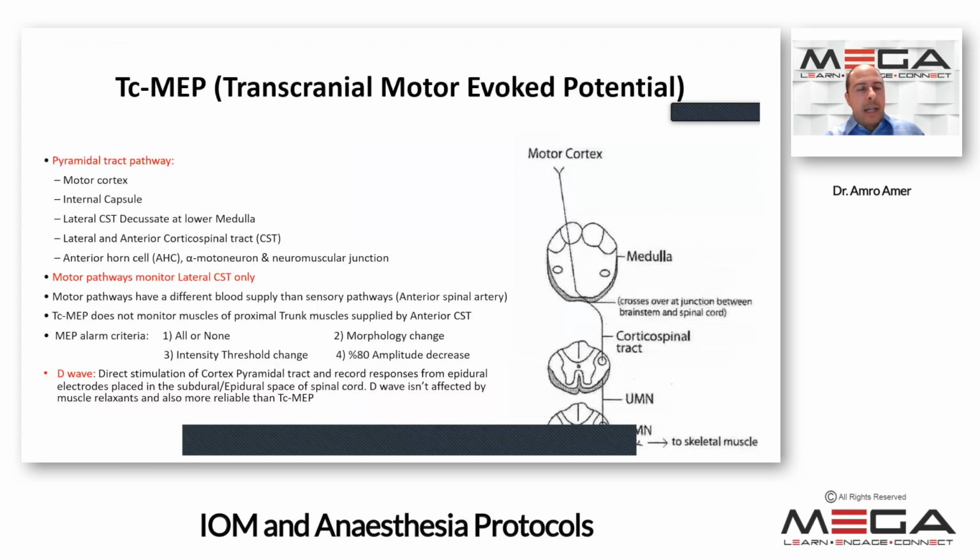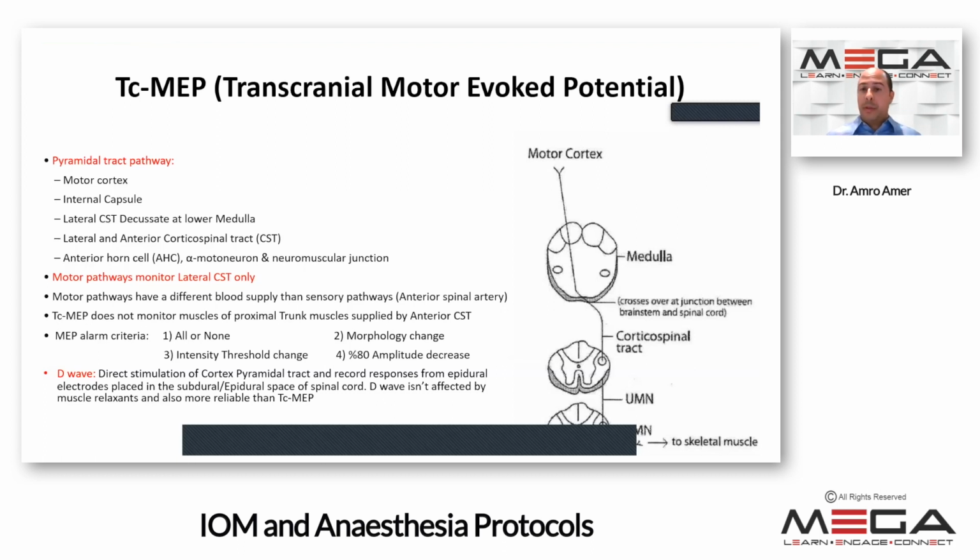All right. Second, another one is transcranial motor evoked potential. As you all know, it's just another way. If the patient is awake, let's say he will give the order to move his hand.